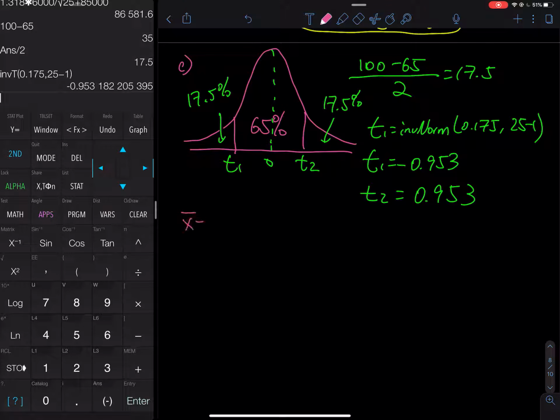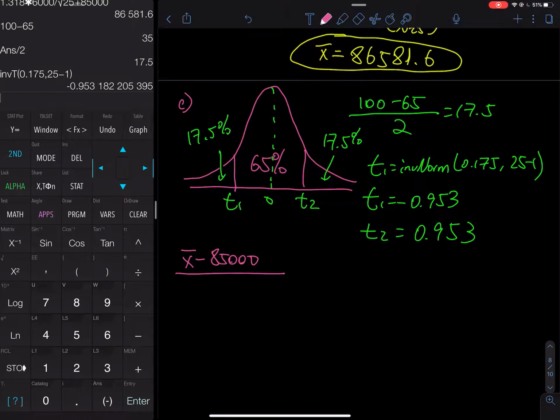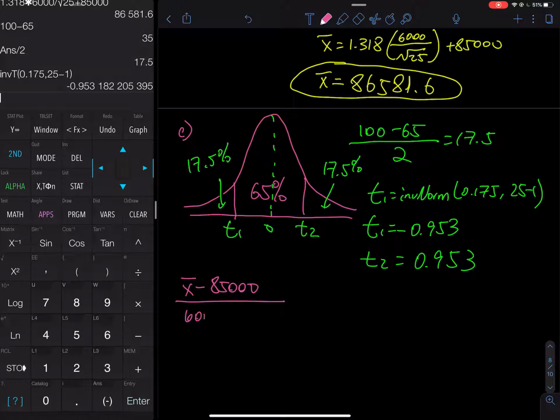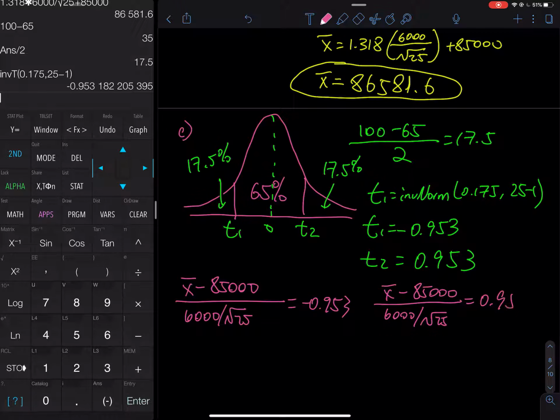We have x bar minus the mean divided by 6,000 over the square root of 25. One equals negative, and the other equals positive.